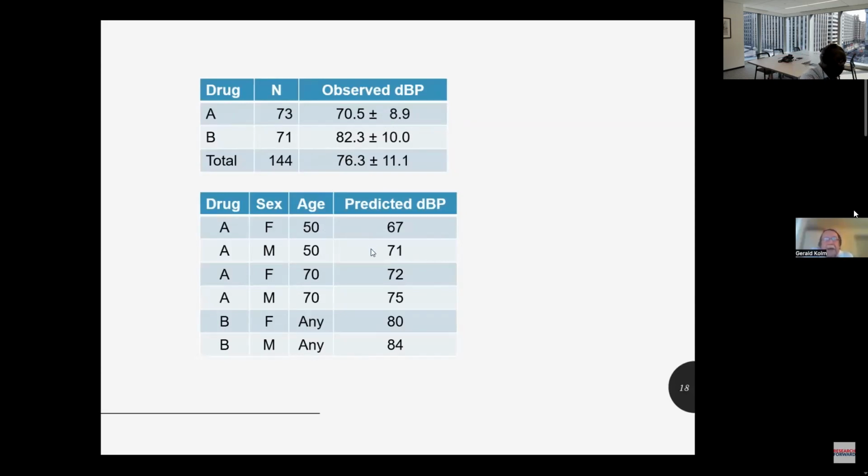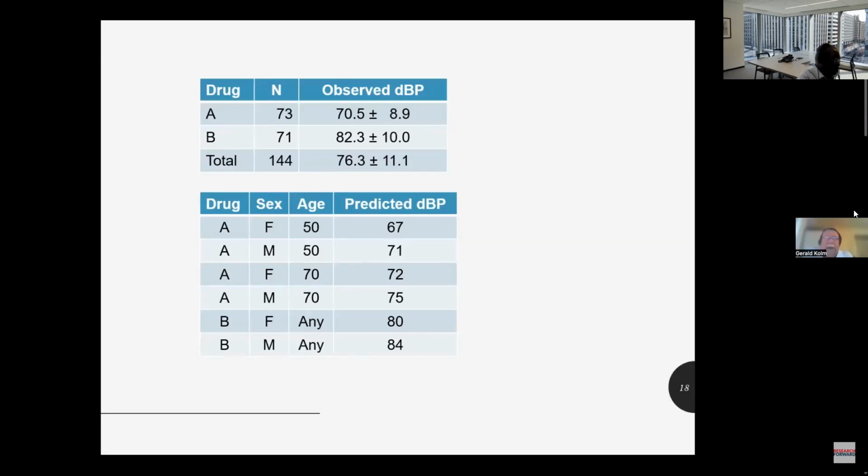You can see the males have a higher value for blood pressure. If we increase age to 70, you see that we have higher blood pressures related to age, but about the same difference between males and females. But for drug group B, regardless of age, the average predicted blood pressure for females is 80. For males, it's 84.